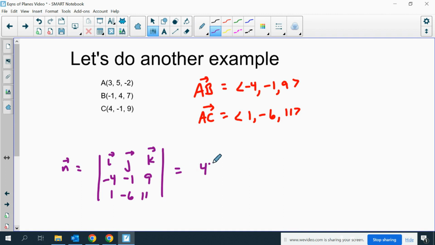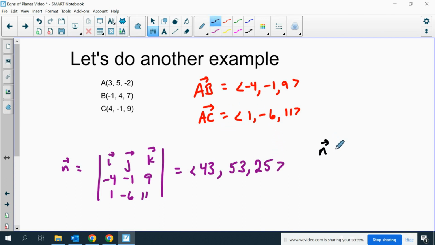So that's 43. j would be -44 minus 9, which is -53, but remember we have to change the sign for j. And then for k, it's 24 minus -1. So I end up with 25.